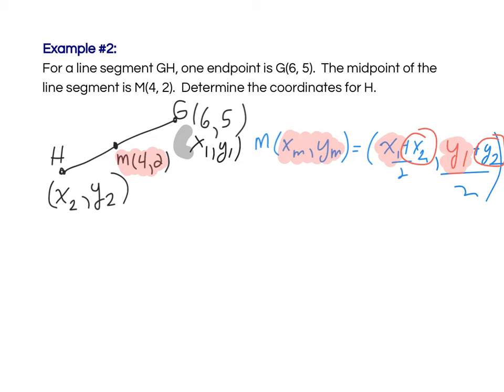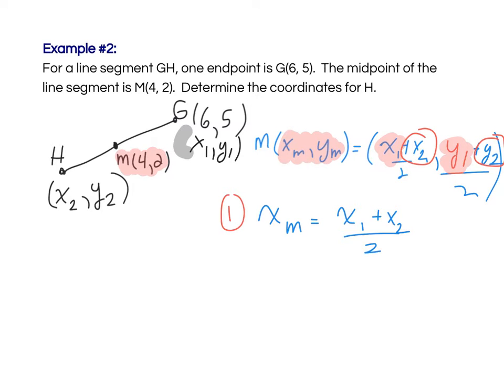So my strategy is to separate the x and the y parts of this formula, and that should help me solve. I'll show you what I mean. So I'm going to call this step 1, and I'm going to say xm is equal to, so the x-coordinate of the midpoint is equal to x1 plus x2 divided by 2.